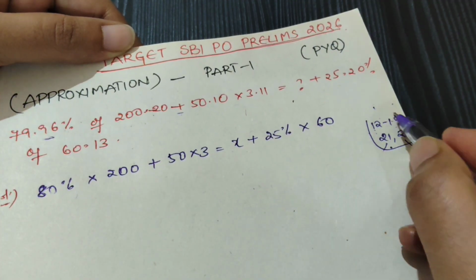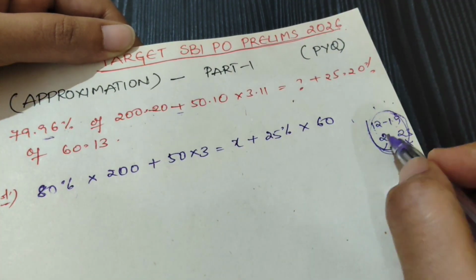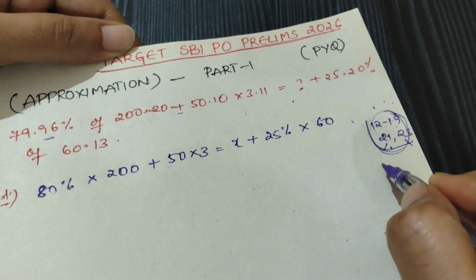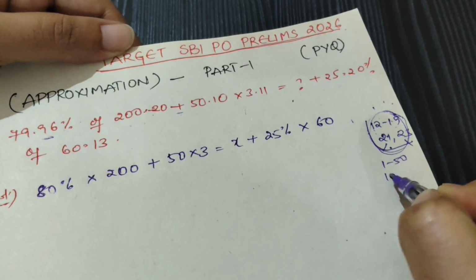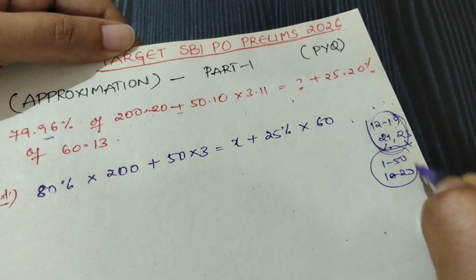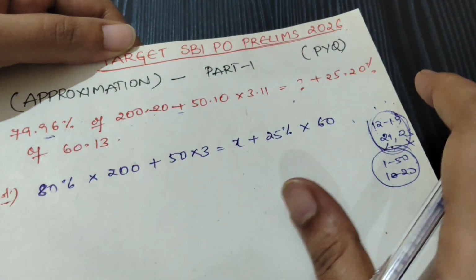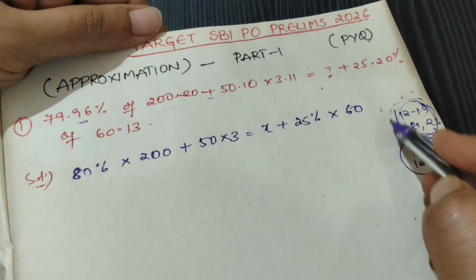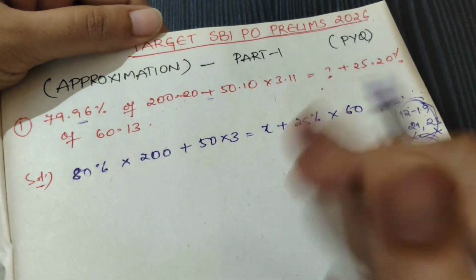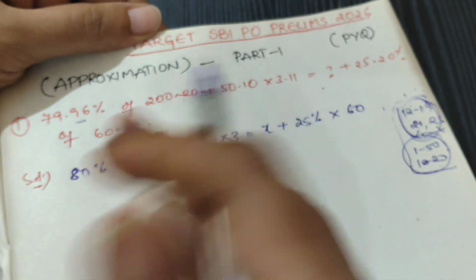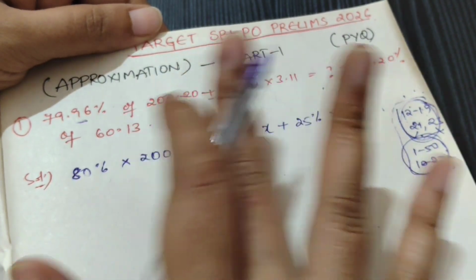Because only these numbers related tables will come in the exam. Squares 1 to 50, cubes 1 to 20. After that, percentages. If you are good at this speed maths, you will easily solve the questions in 10 to 15 seconds.